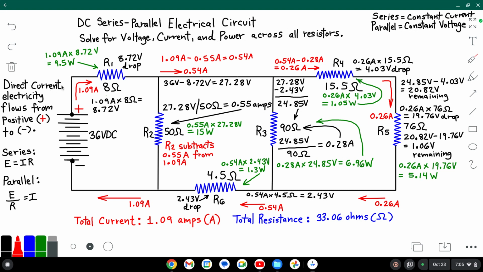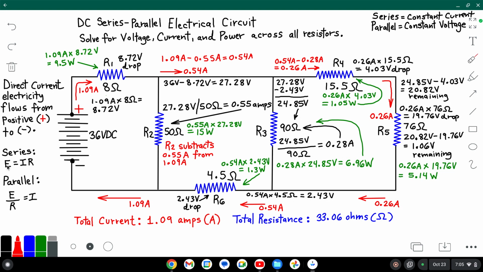So regardless of what is connected to the series pathway, its current is held constant. The purpose of a series resistor such as R1 is to reduce voltage by accessing Ohm's law.